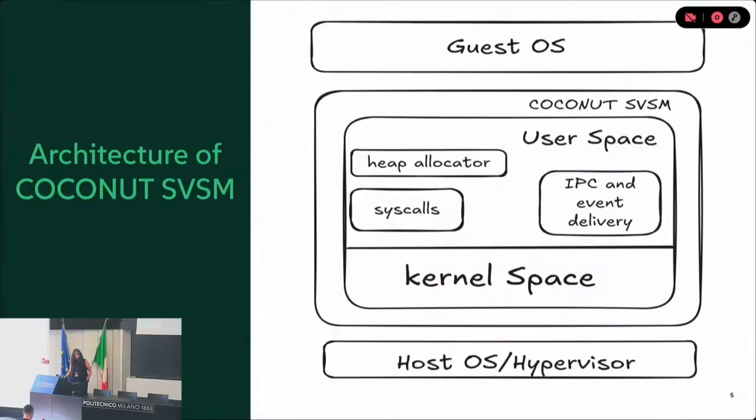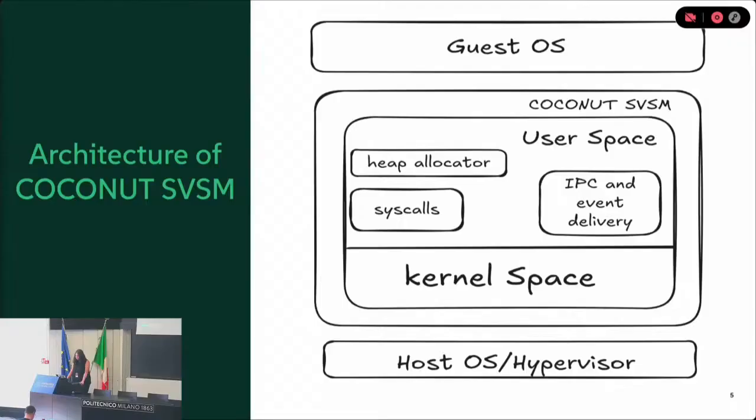So if we zoom in a bit into COCONUT's architecture at the moment, we have a distinction between user space and kernel space. Over the last year, a few things have already been added in the user space. The idea is that COCONUT-SVSM's user space will have those services and modules that provide the services to the higher level.